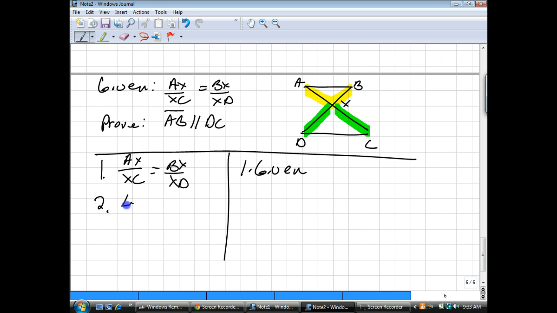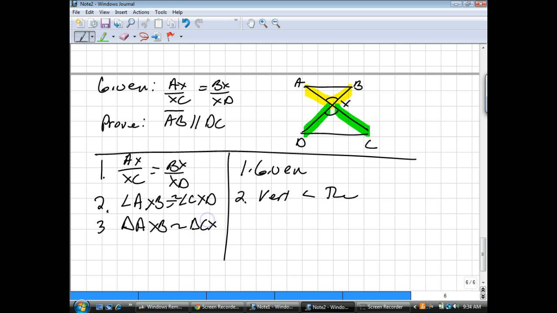Then we can say angle AXB is congruent to angle CXD by vertical angle theorem. So this angle is congruent to that angle. So then we can say that triangle AXB is similar to triangle CXD by the side-angle-side similarity theorem.